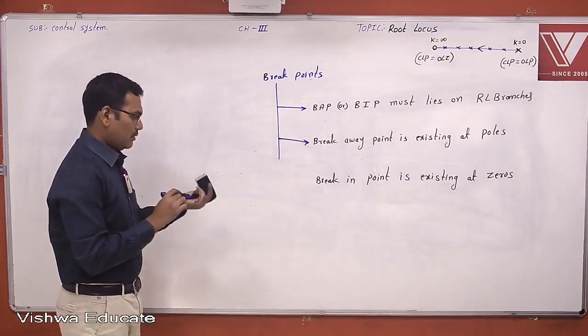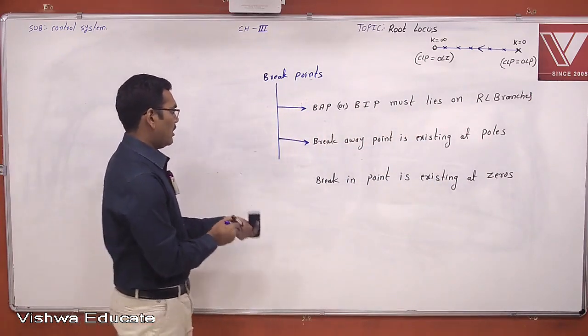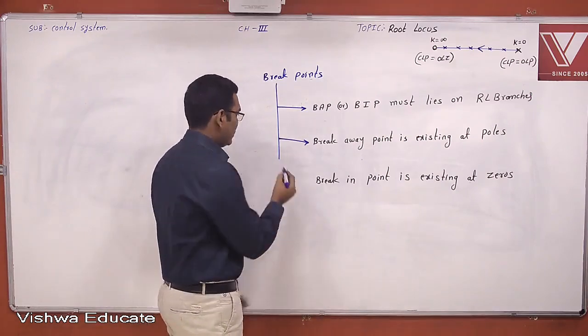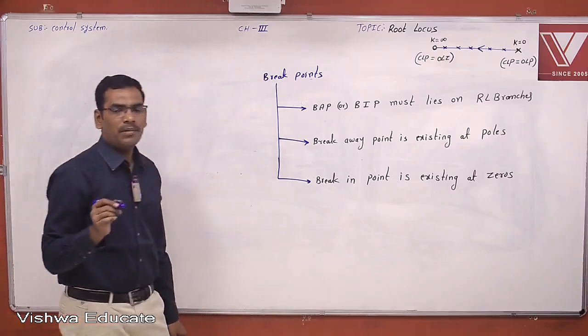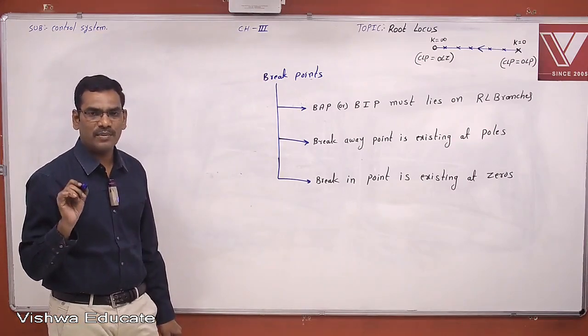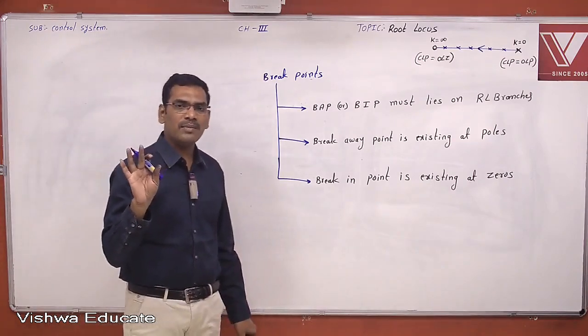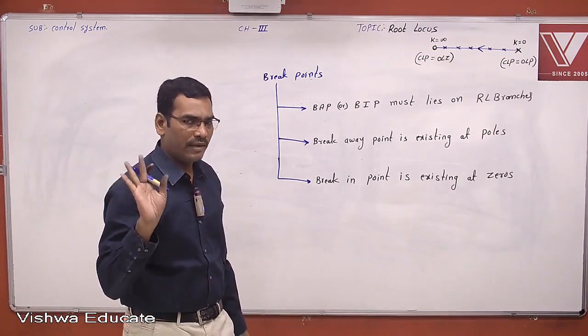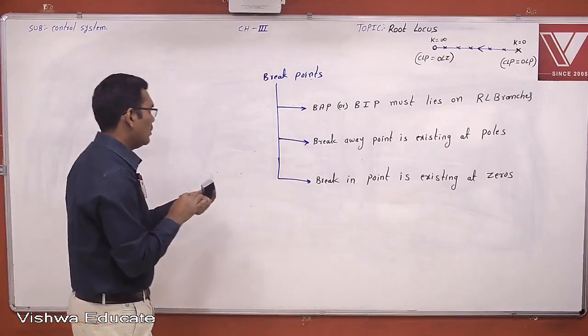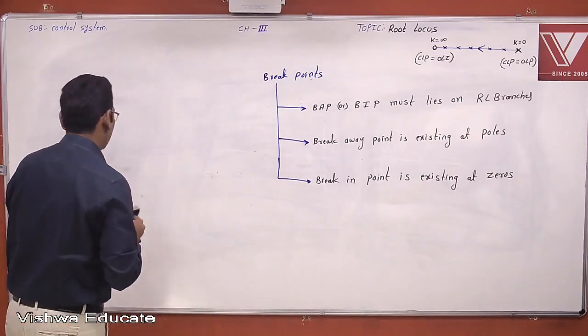But this breakaway point or break-in point must and should lie on a root locus branch. Where there is no root locus branch, there is no chance of a breakaway point or break-in point. Understand? Now, one more point I want to say.